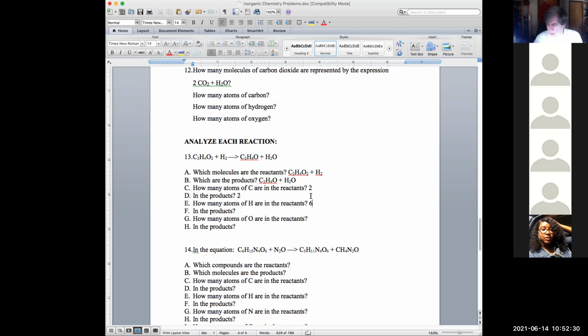So there's actually a total of 6. How many are in the products? Well, we've got 4 here and 2 more here, so we've got 6 again. How many oxygen atoms in the reactants? 2. How many in the products? 1 and then another one. 2.